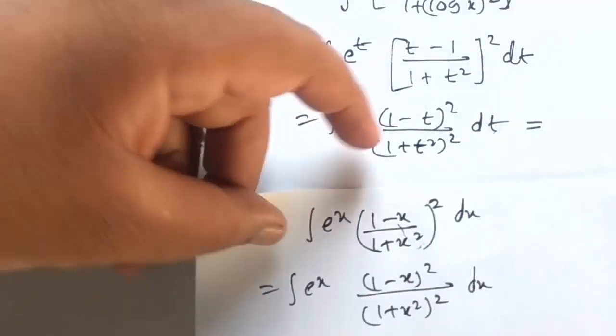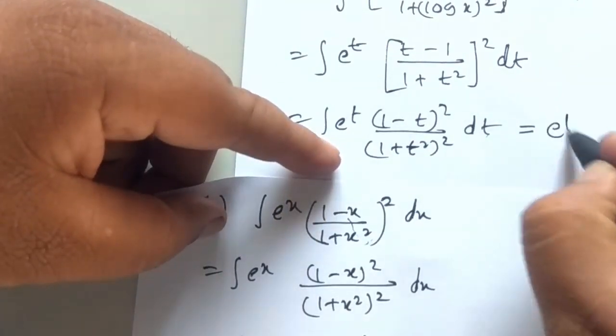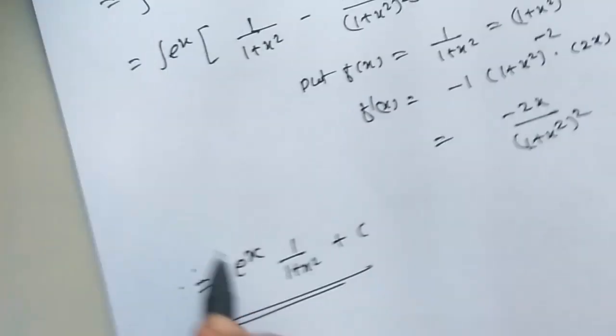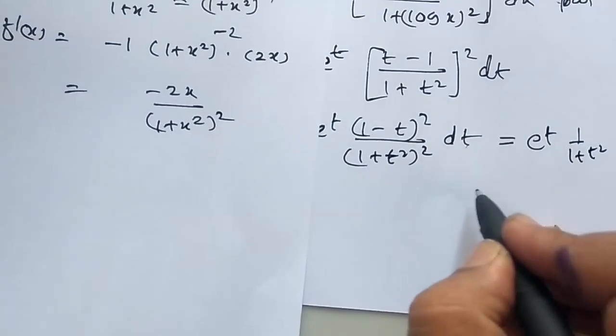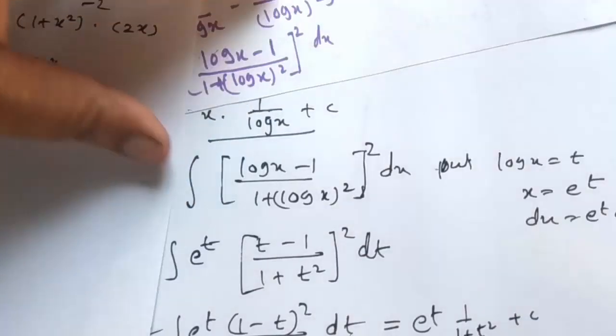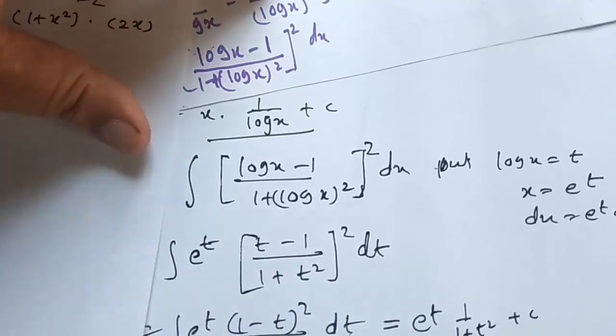It is same as this example, and so its value is e raised to t upon 1 plus t square plus c is equal to, e raised to t is x, upon 1 plus (log x)^2, plus c. So this is the answer.